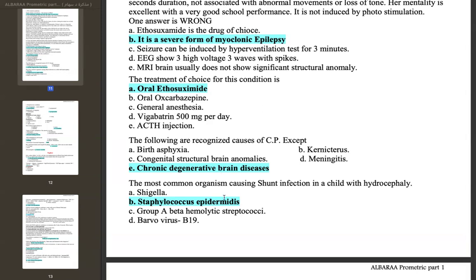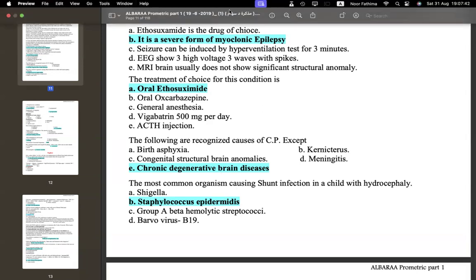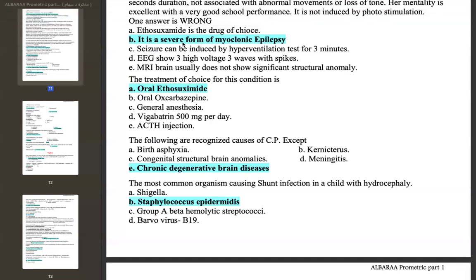How many of you agree with Staphylococcus epidermidis? So the most common organism causing shunt infection in a child with hydrocephalus is Staph epidermidis.